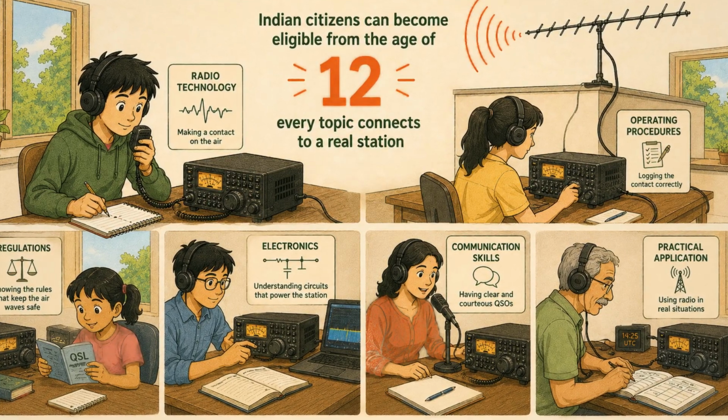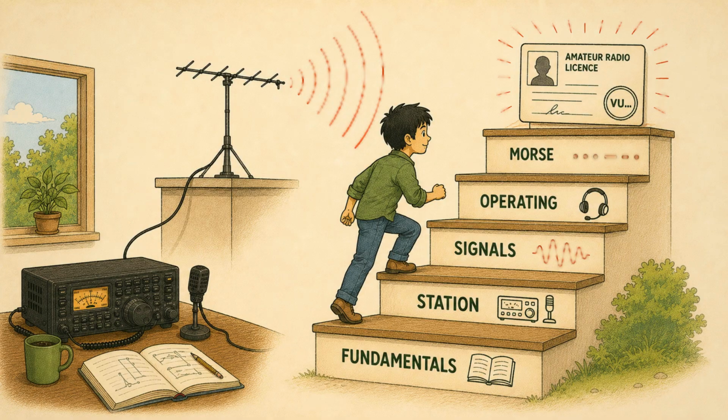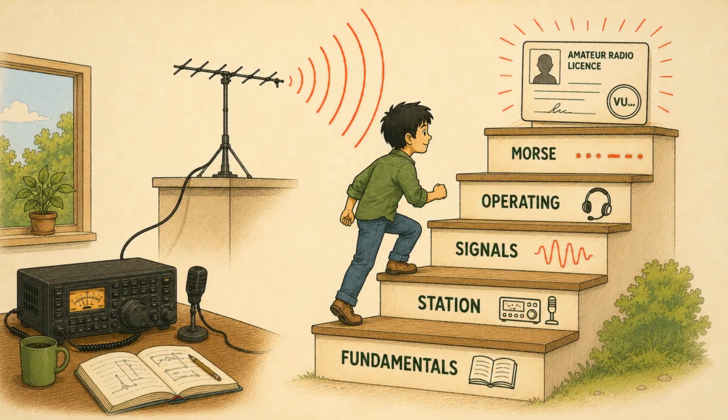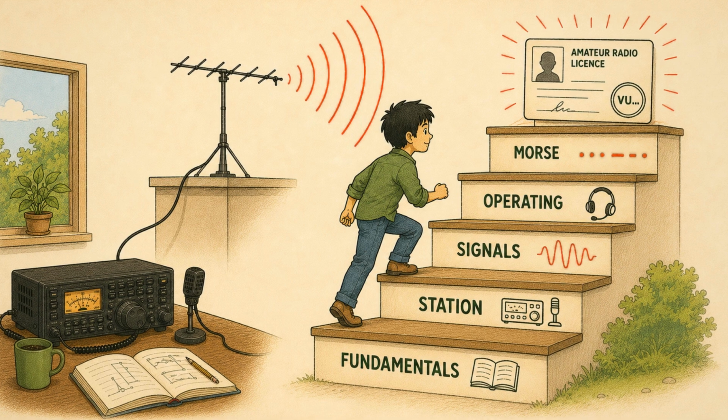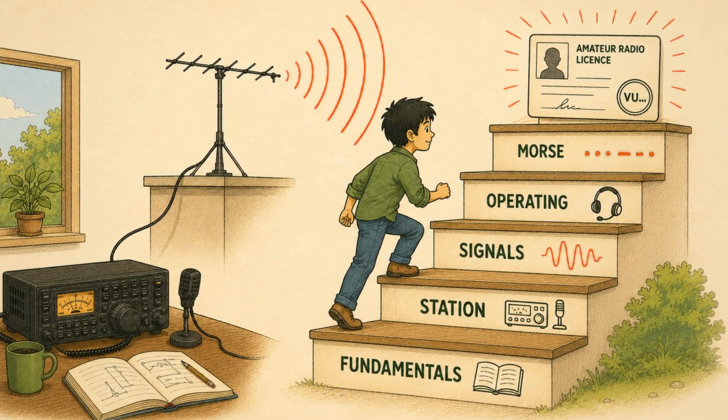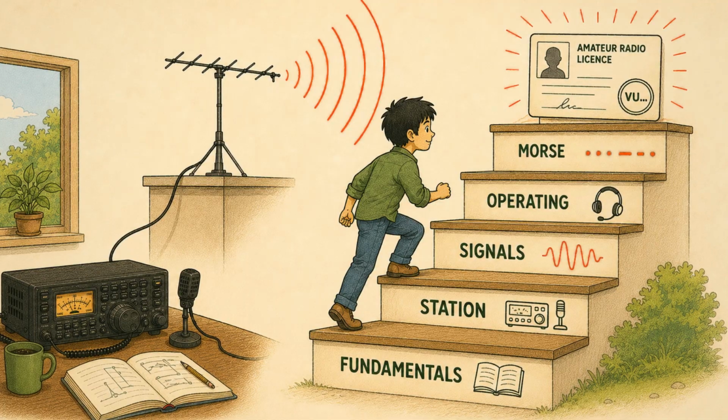Begin with electricity and components. Then learn the station as a complete chain. After that, study propagation, antennas, and interference. Finally, practice operating procedure, regulations, and, when aiming for general, Morse code. That is a manageable learning path.